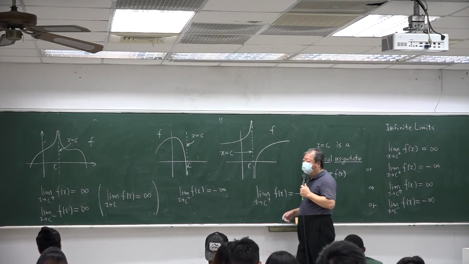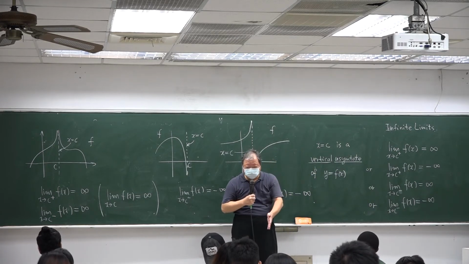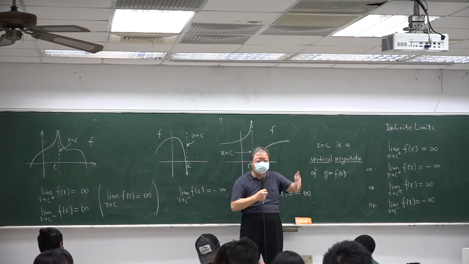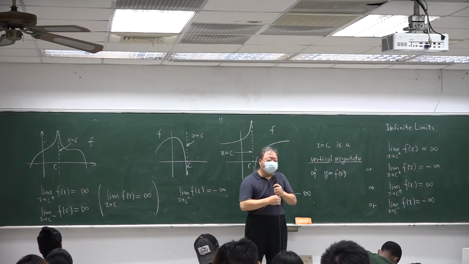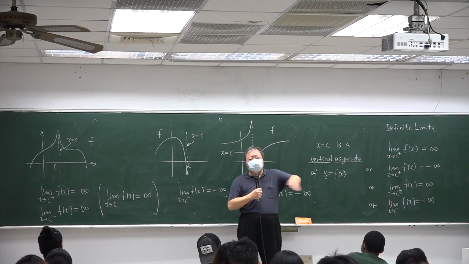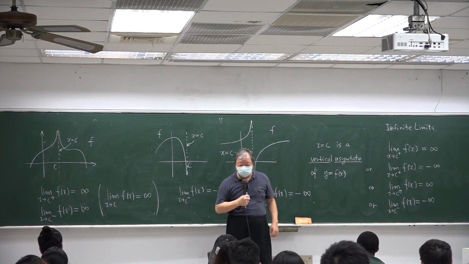So what you have learned before, when x equals a constant, x equals 0 is the y-axis, x equals 1, x equals 2, x equals 3, indicate vertical lines. And y equals k indicates horizontal lines.